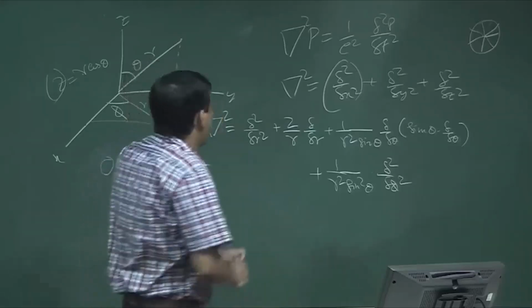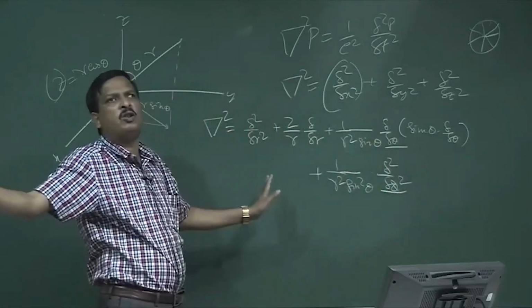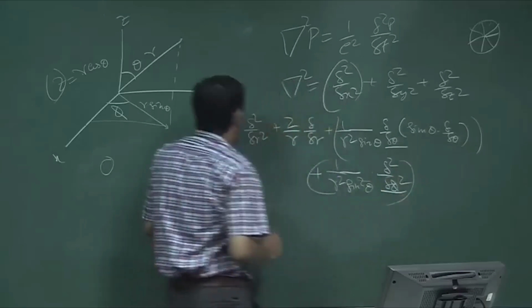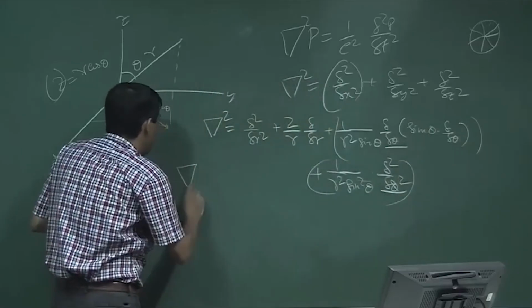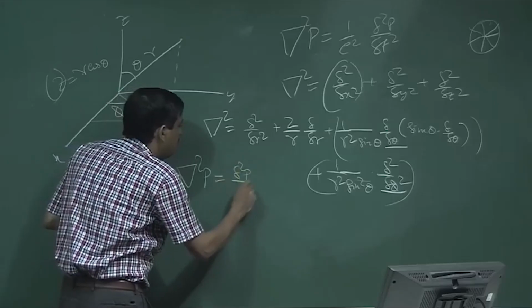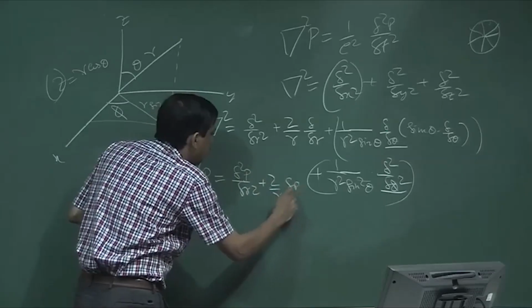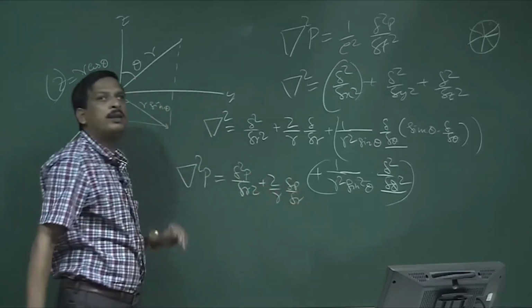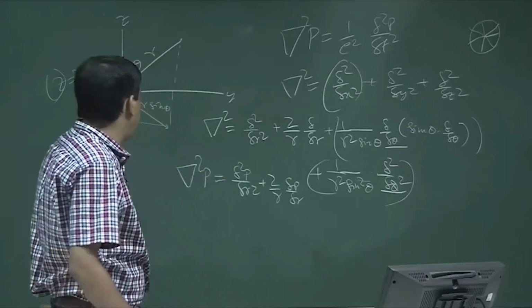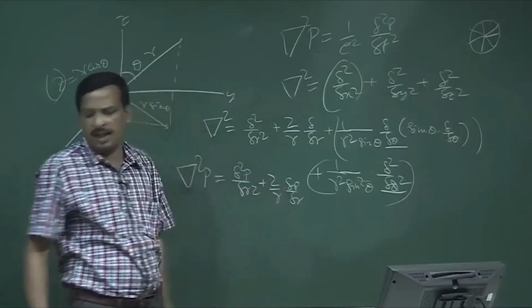So this whole terminology will vanish. If I write del square p, it will be only del square p by del r square plus 2 by r del p by del r.